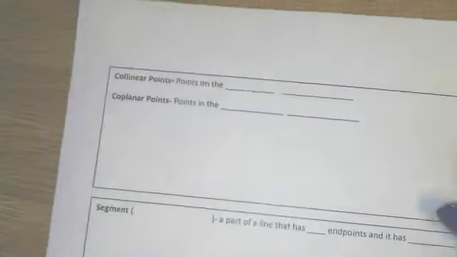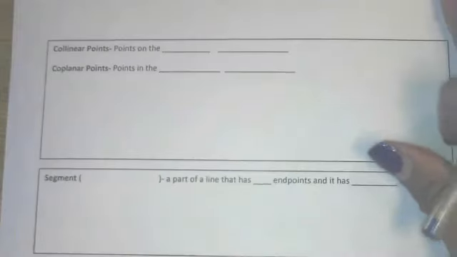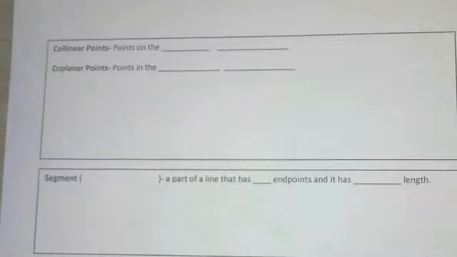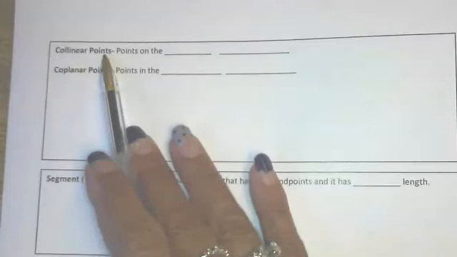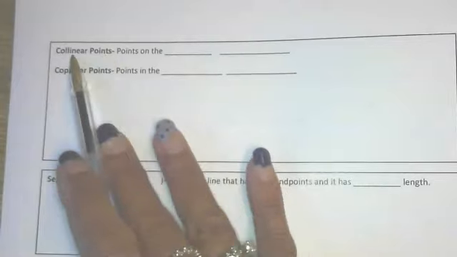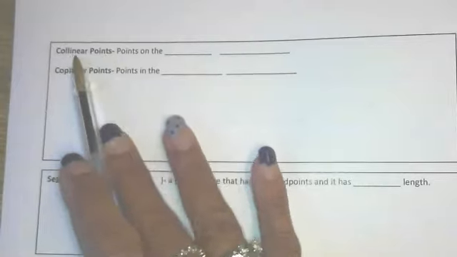Okay, just some definitions to finish up with. All right, we've got collinear points. Look in the middle of the word here. See the word line. And we've got a prefix of co. What does the prefix co mean?